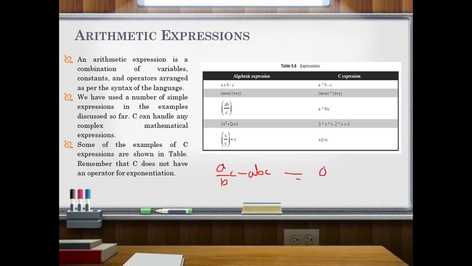Yes, A forward slash B, then into C, and then minus A into B into C, where you have to use a star symbol for multiplication. This is how you can write an equivalent C expression. You may get it for 2 marks: convert the given mathematical expression to a C equivalent expression like this.